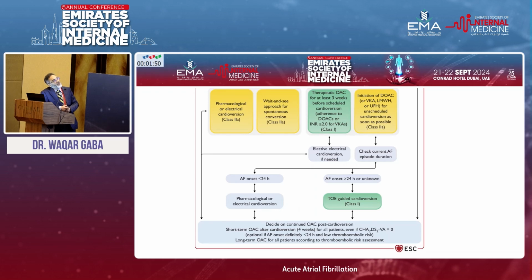If AF is less than 24 hours, you go for this. If AF is more than 24 hours, you have to go for TOE guided cardioversion. This is when you have waited a long time, the patient has been on anticoagulation and has been stable, and you could wait for a few weeks.